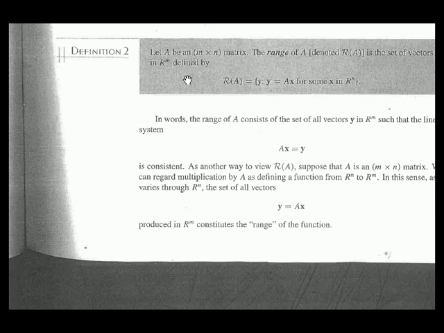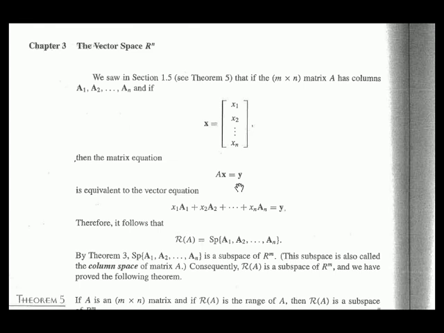Another example of a subspace is the range of a matrix. That's defined as the set of all vectors that can be written as A times something. Now, as they point out here, the range is really just the span of the columns of A, because to say that a vector Y is in the range of A means there's some x such that Ax is Y. Well, what is Ax?